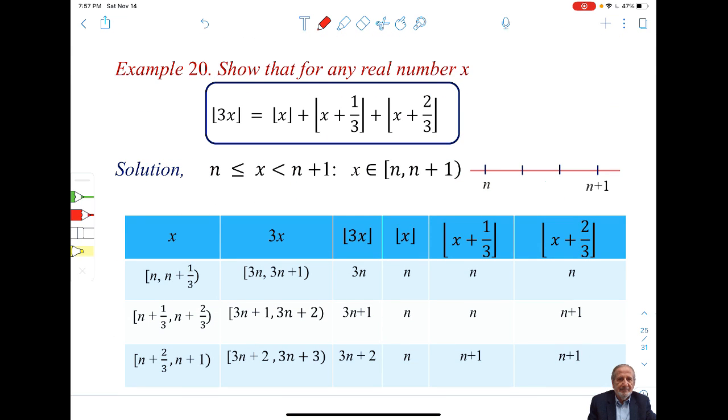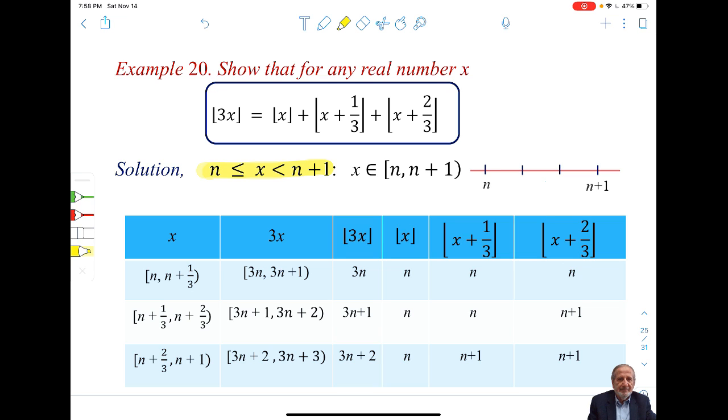The last example here is show that for any real number x, floor function of 3x is floor function of x plus floor function of x plus 1/3 plus floor function of x plus 2/3. Again, like I did before, I'm going to put x between n and n plus 1.